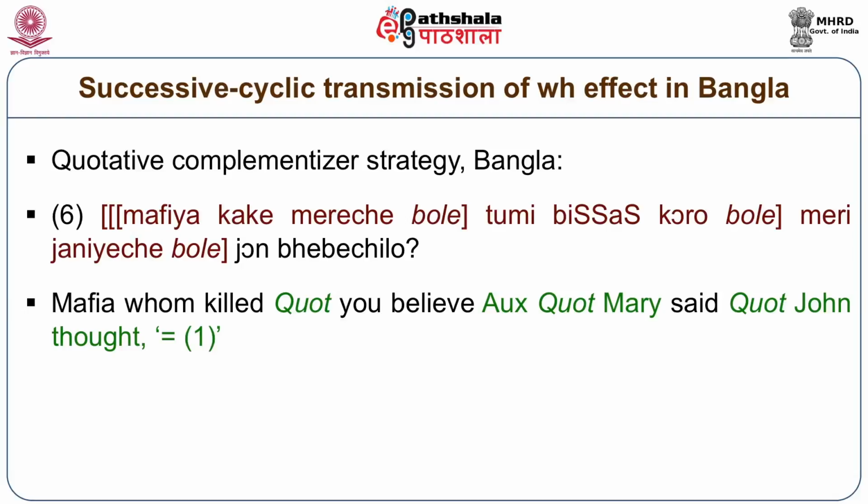It doesn't shift. However, the effect of asking that question keeps traveling from cycle to cycle and reaches the top, so that the entire sentence is a direct question with a question mark. The interrogative effect is felt at the root sentence level, which is equivalent to syntactic movement of the WH phrase from the lowest to the highest cycle.